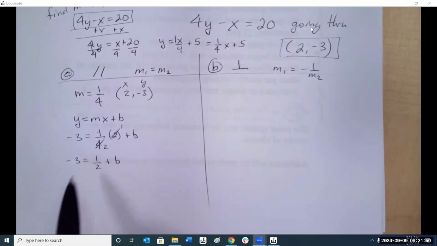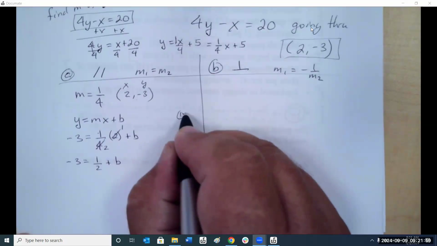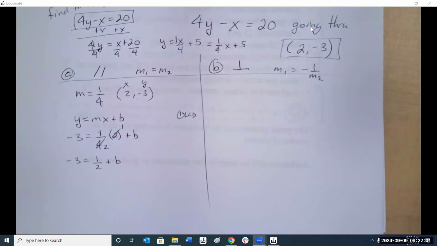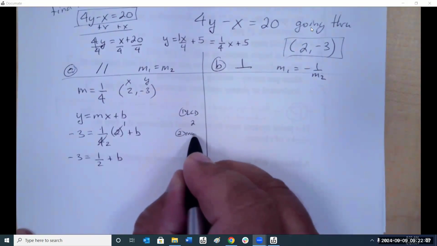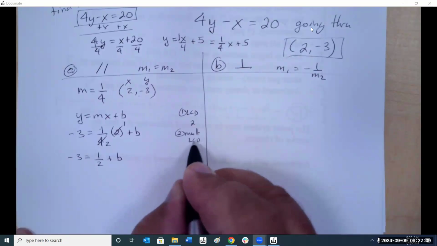We have a fraction and an equal sign. What do we do there? Remember, first, find the LCD. What's the LCD in this case? 2. Multiply the LCD to each term.